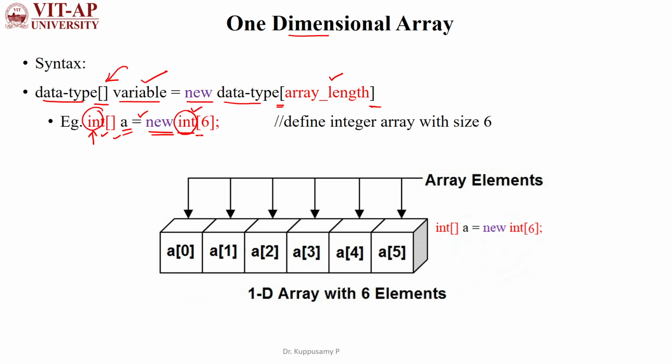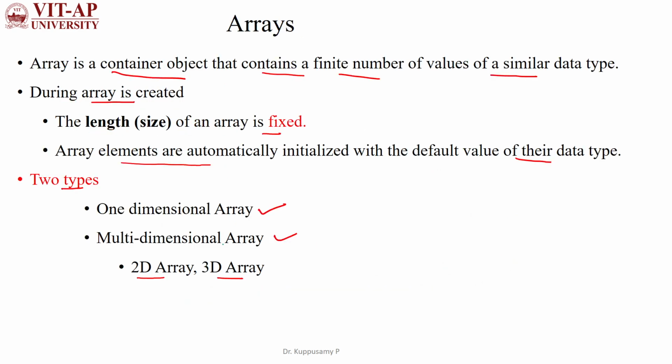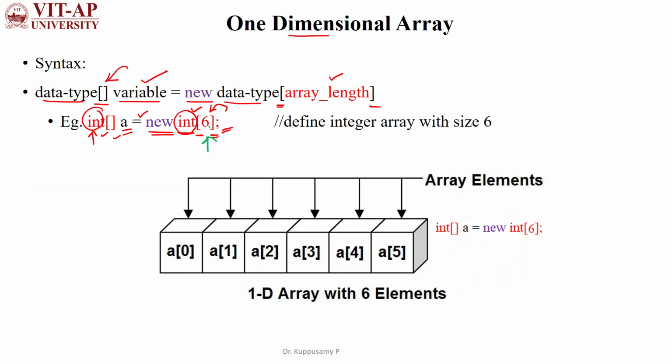Then open square bracket, the length of the array is given as 6, and closed square bracket, semicolon. So here the array is created with a fixed length of 6 memory locations. The array size should be given and it should be fixed. The 6 is the length of the array.